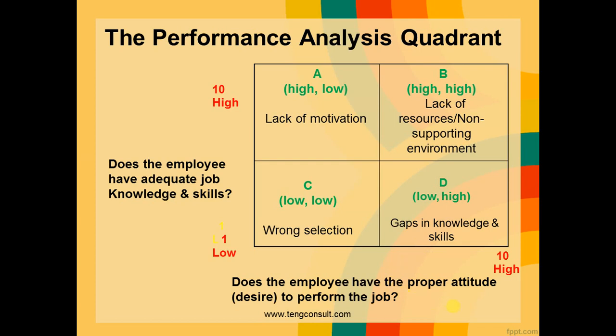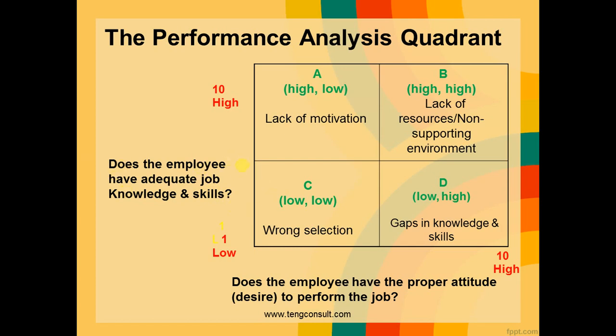If the person's knowledge and skills are sufficient for the job, but his attitude towards work or degree of desire to do the job is low, then he belongs to quadrant A. He has a motivational problem.